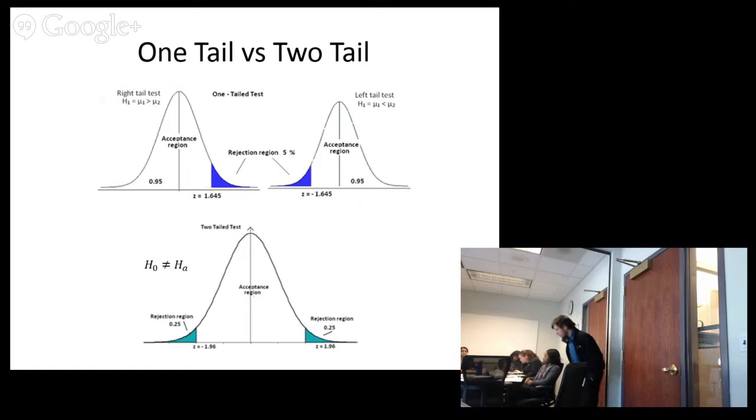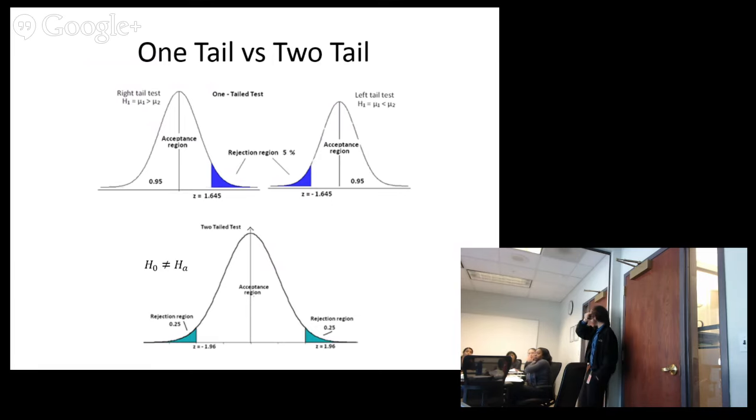Okay, so how do we decide if we're doing a one-tail or a two-tail test? It depends on what our alternate hypothesis is. In the case of our subway example, are we doing a one-tail or a two-tail test? You have the examples of what your alternates are up there. What was the alternate hypothesis in the case of the subway sandwiches? Less than 12.